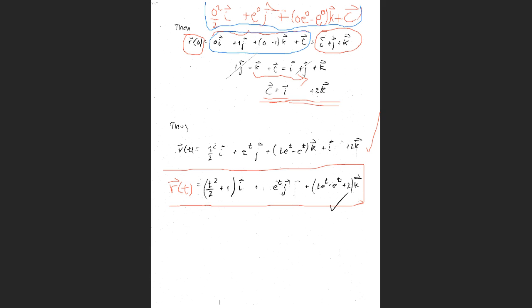Are there any questions on that? How many think it's kind of cool, what we just did here, integrating a vector? And I'll tell you, if we had a velocity vector and we integrated it, what would we get back?